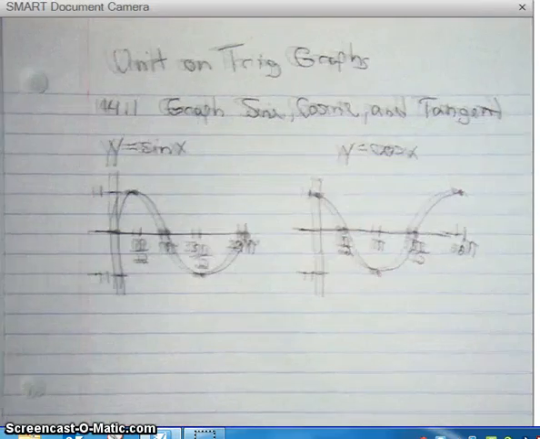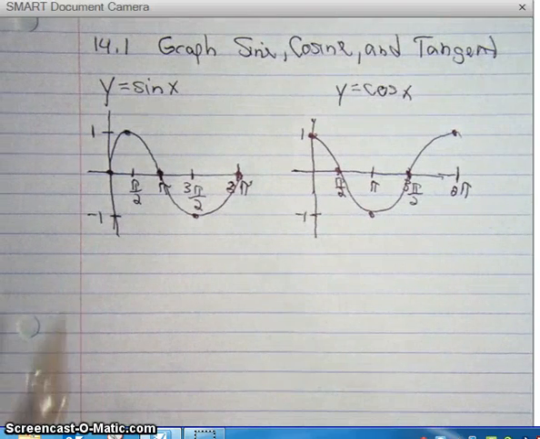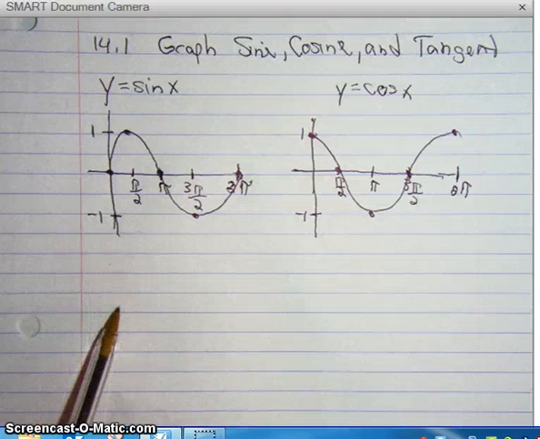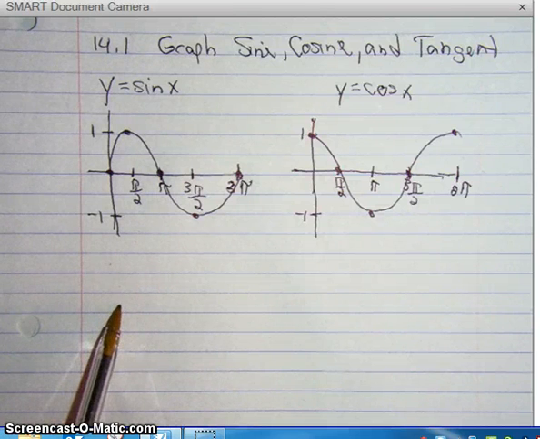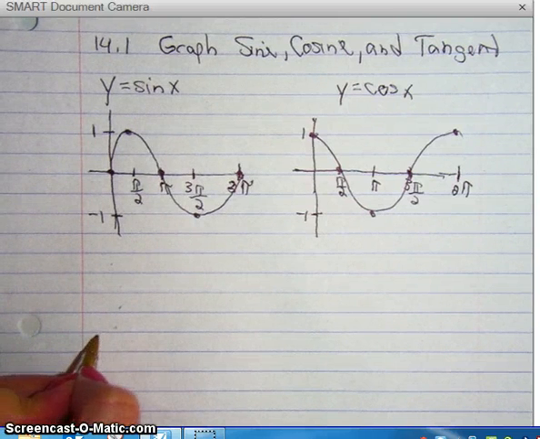Okay? Now, we're going to talk about some of the vocabulary. So I would say leave about 3 lines of space underneath here, maybe 4 lines. We're going to talk about the 5 key points.